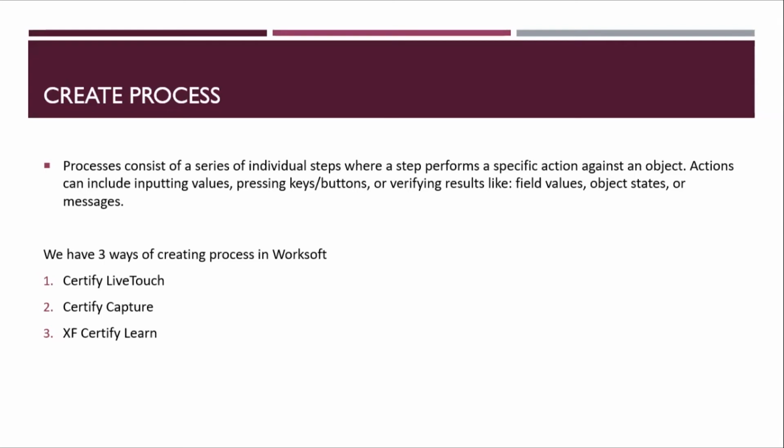Once you stop recording, it will create a process and give it to you. But even with Capture, there are things you need to change, like variabilization. If there is any logic you have to implement, any wait needed, we have to add the wait, and screenshots also we have to add. So there will be work even after Certify Capture.